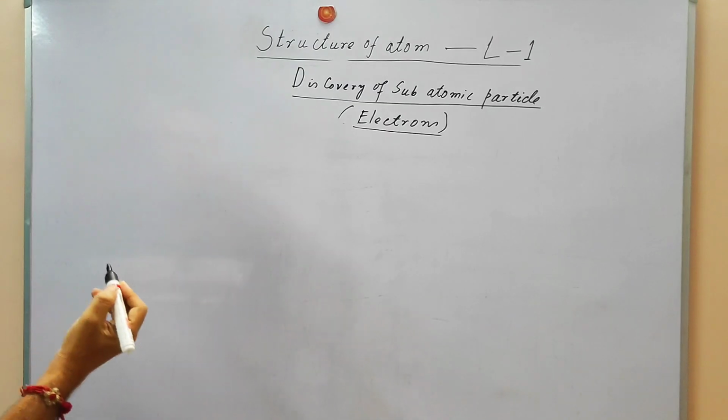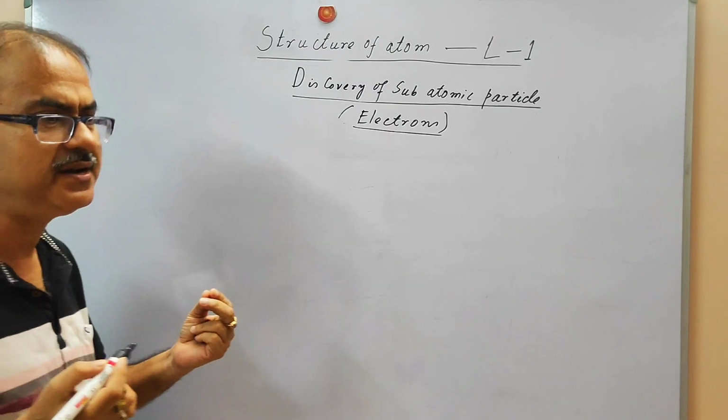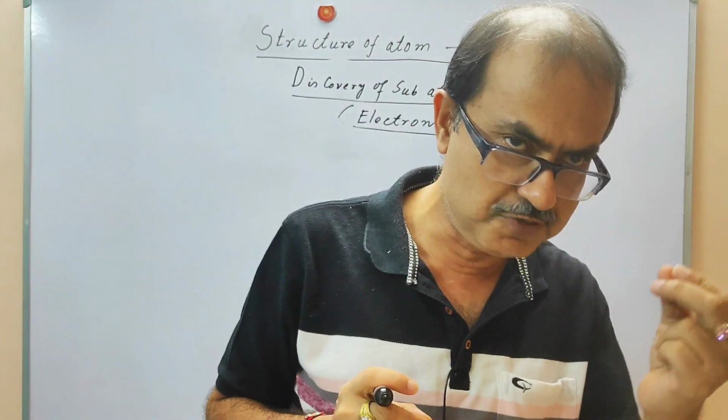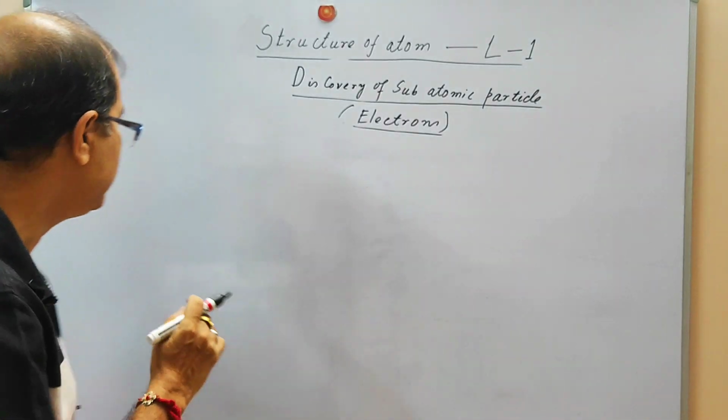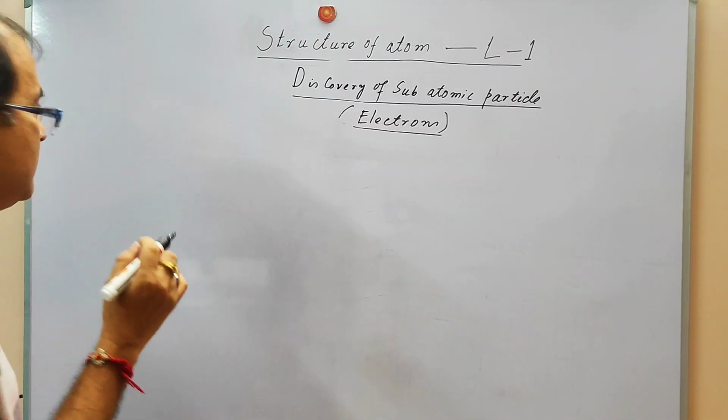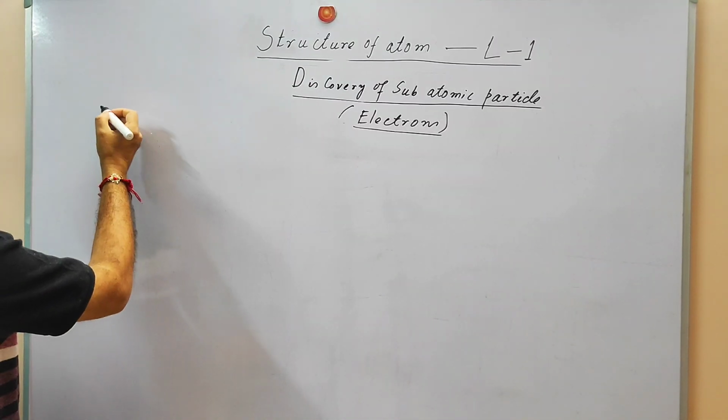Now we want to know its charge, because we understand from its behavior that it is a charged particle. So what is the mass and what is the charge of this particle?